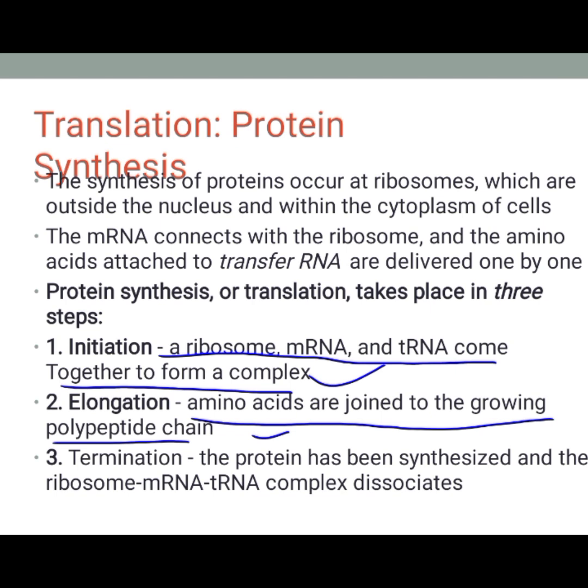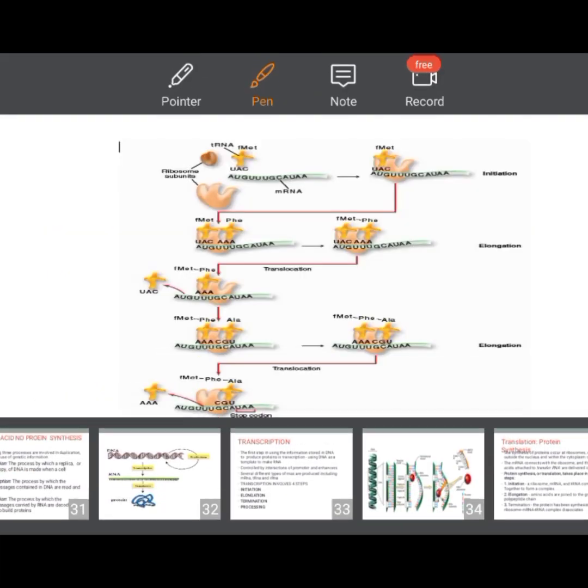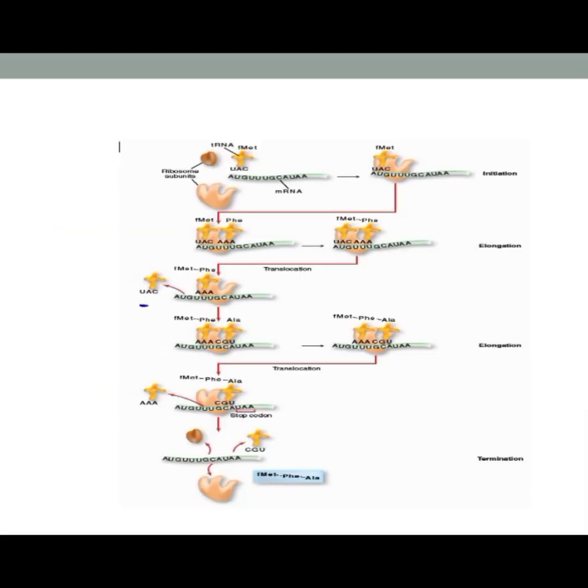And termination, the complex will dissociate. So each step you can see. Here you can see ribosome, rRNA, mRNA joined together, then give a complex. Then the complex with amino acids. You can see here. Then termination.